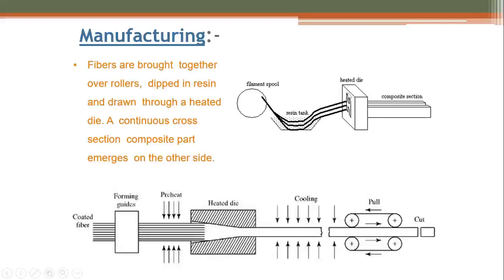Then it passes through the heated die and the composite section, and then it is cured and pulled by the pulling system. Based upon the desired length and design, the cutoff saw will cut the fibers. So this is the general manufacturing process. You can see it in the picture also.